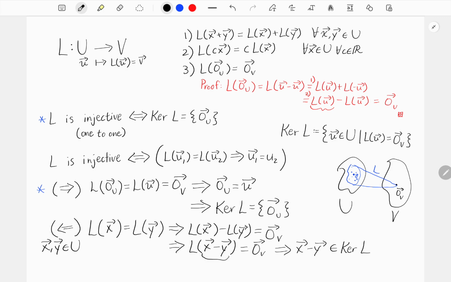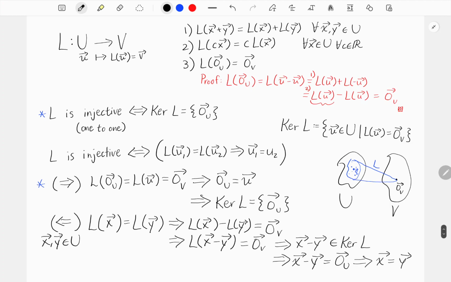So x minus y is in the kernel of L. But in this backwards direction, the only thing in the kernel of L is 0u, which means that x minus y is equal to 0u. If you move the y over, then you have that x is equal to y.